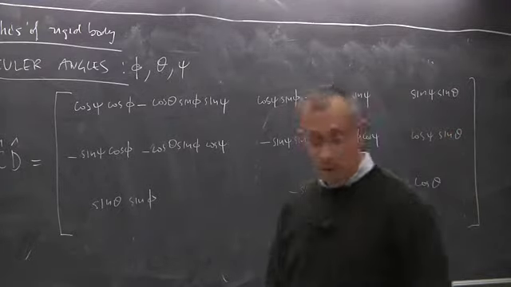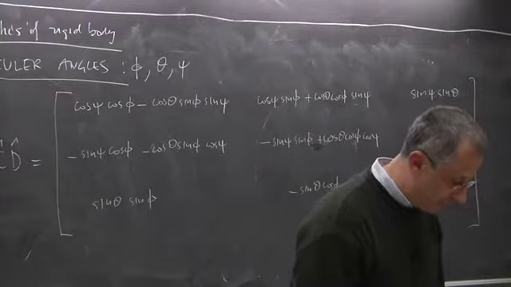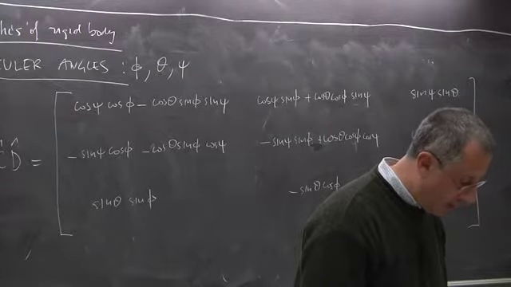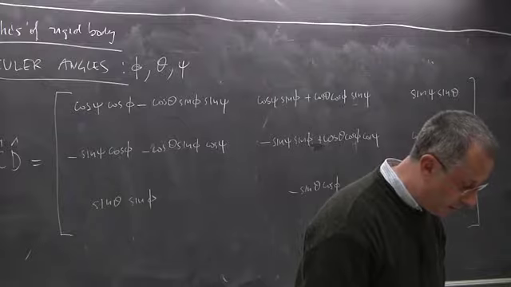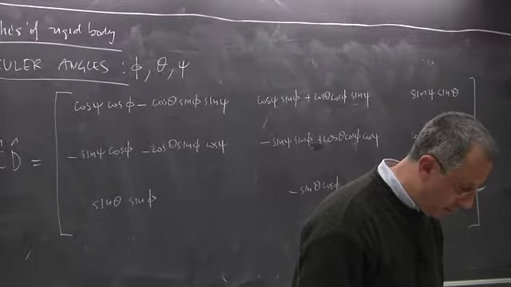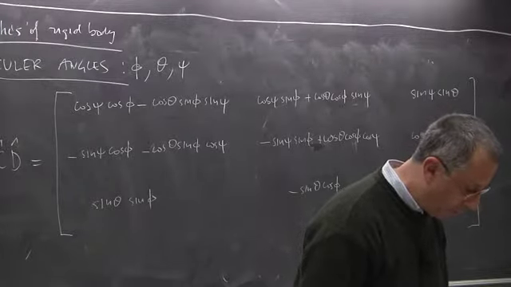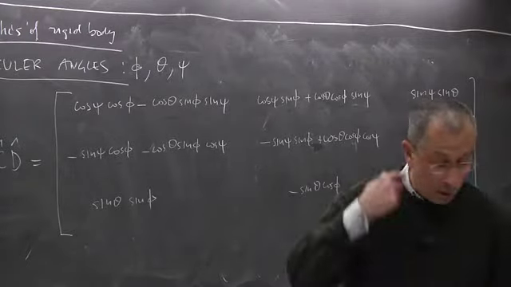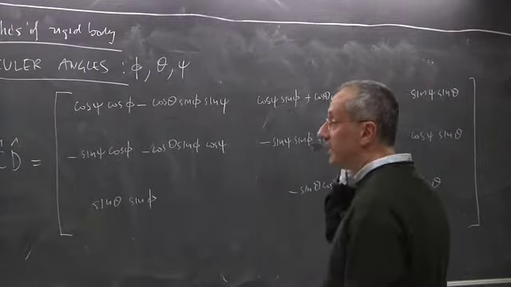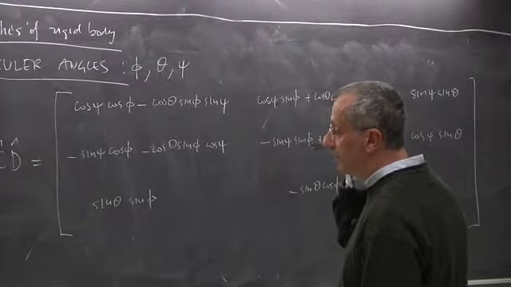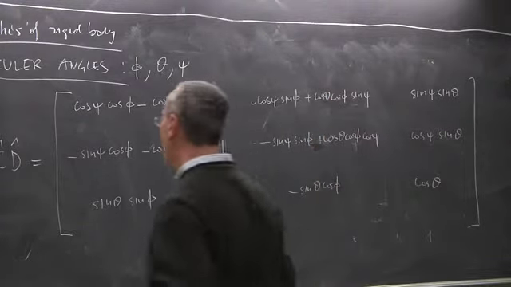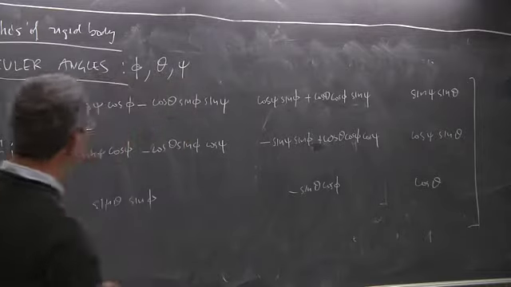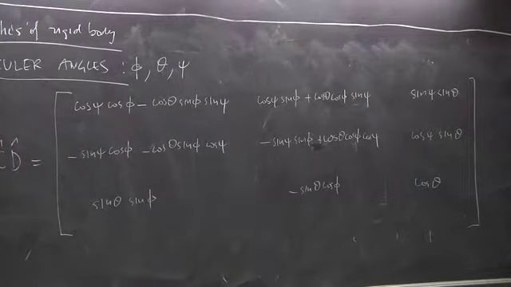Okay. So now I want to discuss, before we discuss the full problem of the dynamics of the rigid body, let's just focus on rotations and point out a very simple thing that maybe I already told you about.